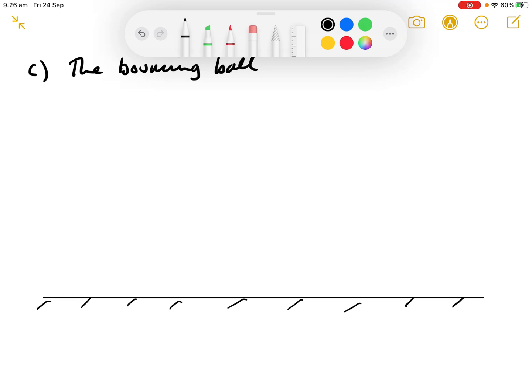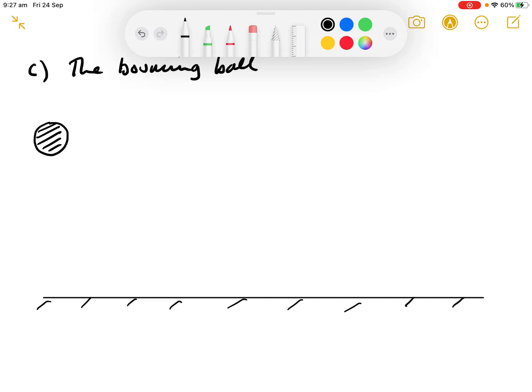Now, in this situation, we're going to take the ball and let it drop, and it's going to come down vertically, just drop vertically downwards, bounce and go back up again, and then come back down and bounce. So it'll bounce several times, and gradually the height of the bounce decreases as energy is lost, and it ends up stationary on the ground.